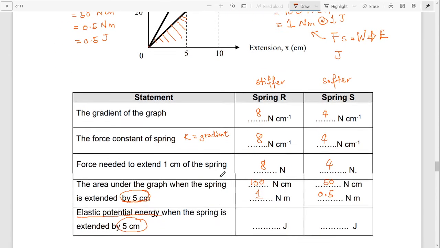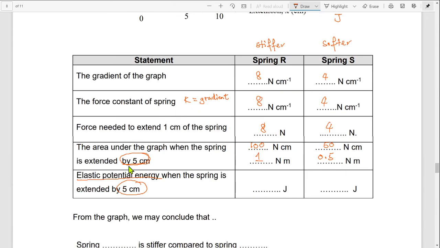All right, so if the area under the graph for spring R is 1 Newton meter, then the elastic potential energy here would be 1 joule. So here 0.5 for spring S, so the elastic potential energy is 0.5 joule.